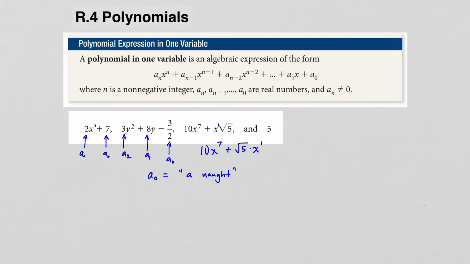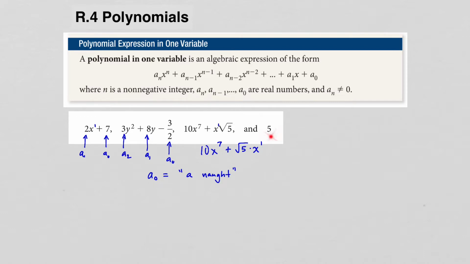And you'll also notice that there are a lot of powers of x that are missing, right? So we don't have the 6th, 5th, 4th, 3rd, or 2nd power of x. And also the constant term on the end is missing. In the case where you have missing terms, the coefficients for those terms are simply 0.